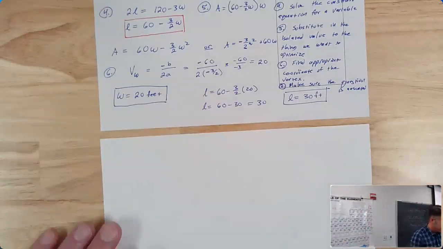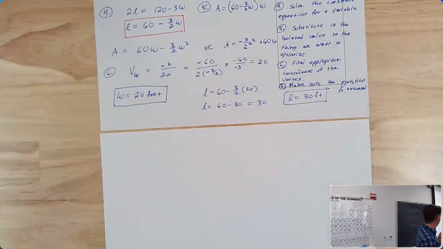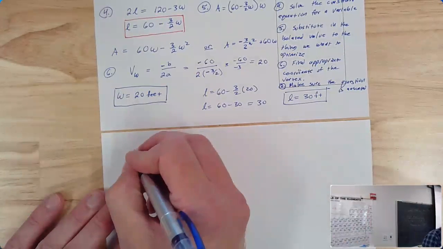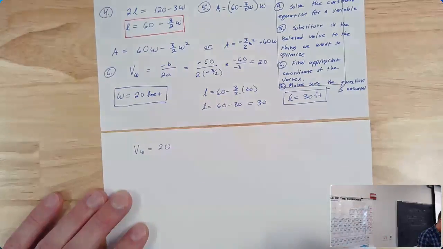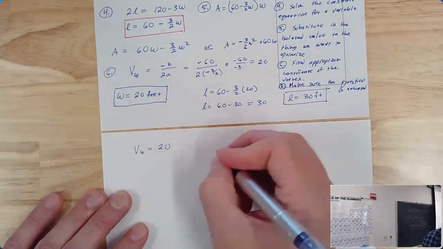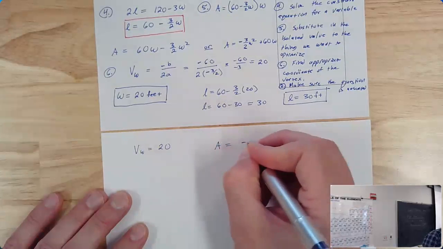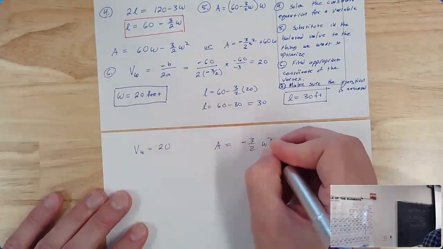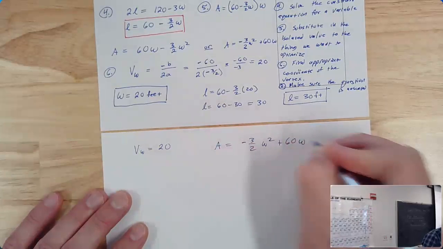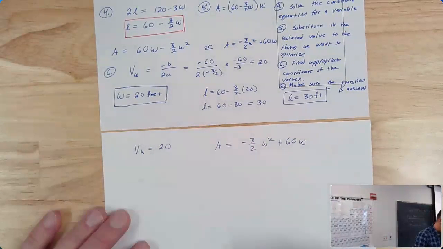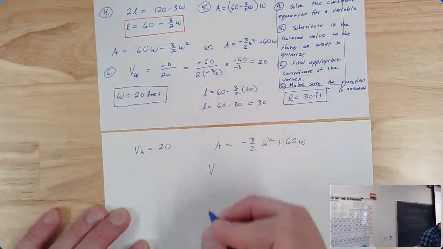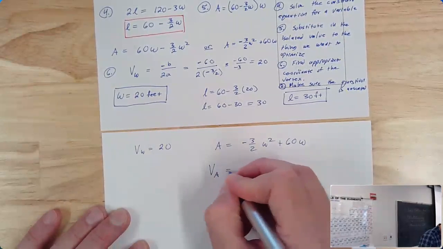If I did find the other coordinate of the vertex, so I know that my W is 20. I know that my parabola is A equal to -3/2 W squared plus 60 times W. That's just my parabola equation. If I plug in that 20, I'm going to find the second coordinate of my vertex.